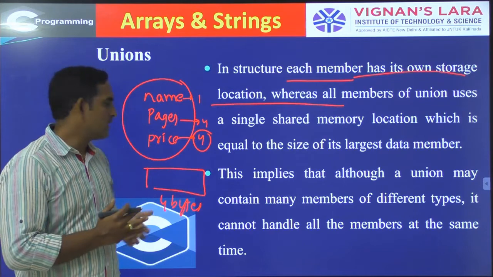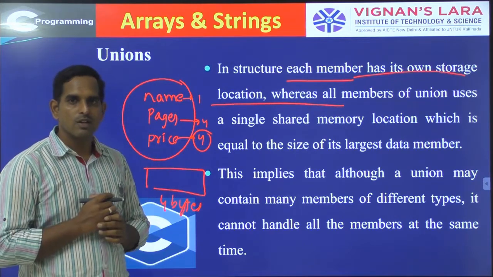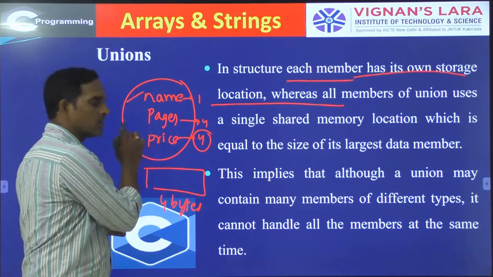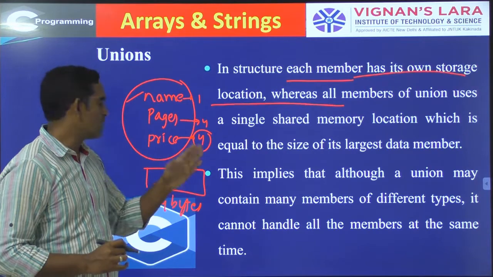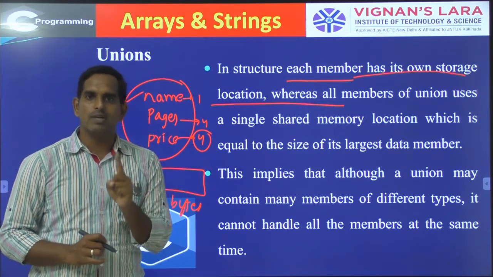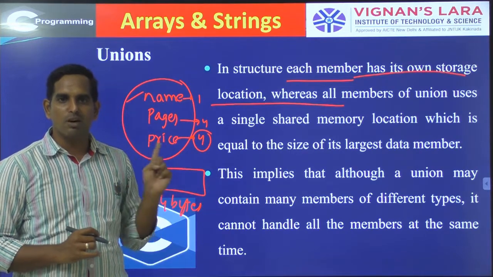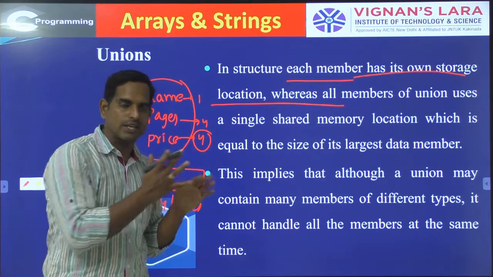But in a union you can access only one of them at a time. While you are accessing name, you cannot access the pages. While accessing the pages, you cannot access the price. While accessing the price, you cannot access the other two members. At a time, you can access only one member of your union. So this is the differentiation between structure and a union.